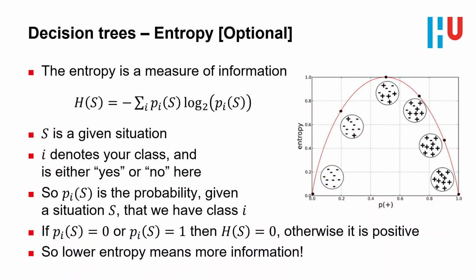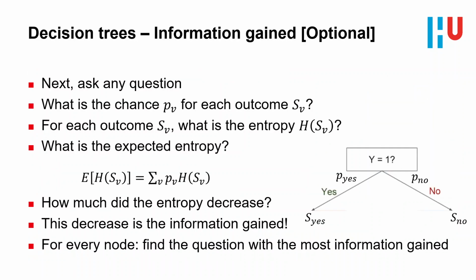I'm going to skip this because I've got a separate video on it. It's really interesting, the whole math behind this and the whole idea. I'm also going to skip this, so please look at the other video. But basically we want to have something where the entropy is optimal.